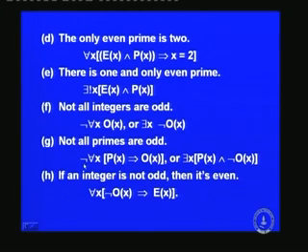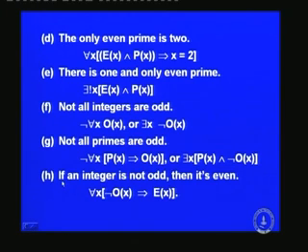This can be written in the form not for all x, p of x implies o of x, or it can also be written in the form there exists x, p of x and not of o of x. There exists a prime which is not odd. This is what it means.